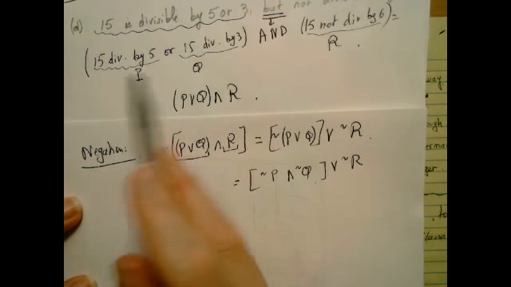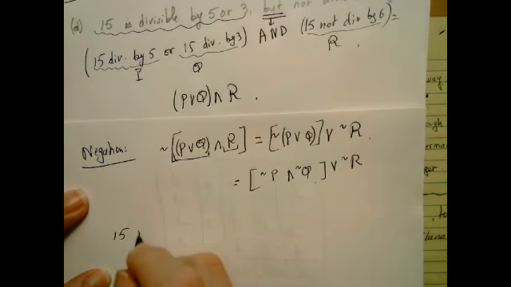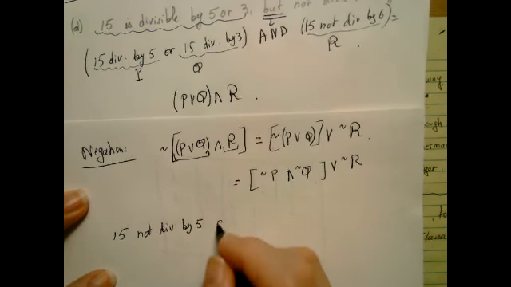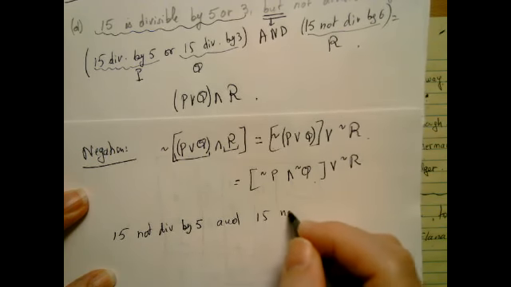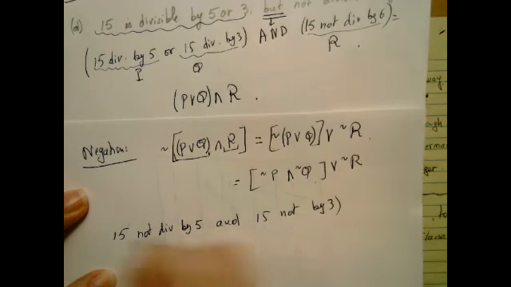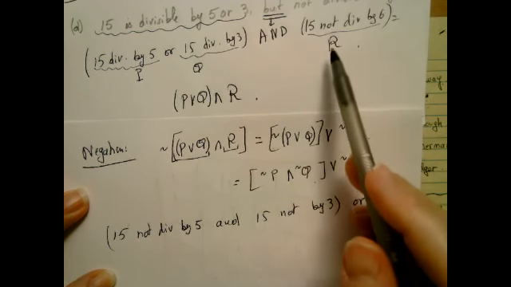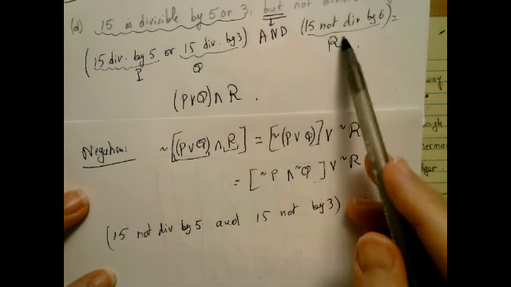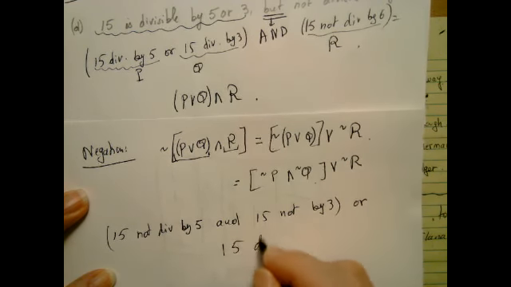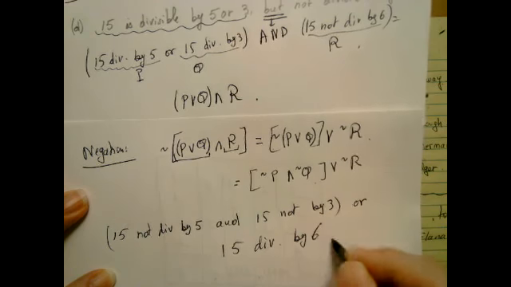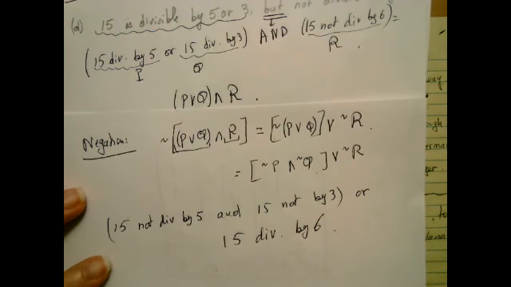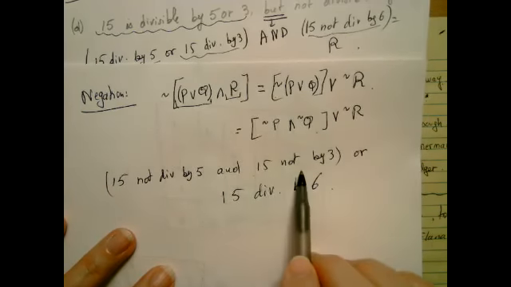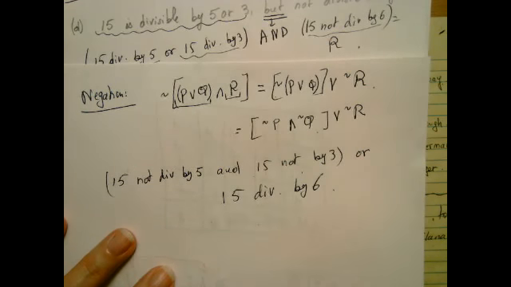It's going to be 15 divisible by 5, it means 15 not divisible by 5 and 15 not divisible by 3, or, here it depends what I put R. If I put R as 15 not divisible by 6, and Peter is right, then non-R means or 15 is divisible by 6. Okay, so it depends what we put the R to be. All right, so the negation is going to be 15 not divisible by 5 and not divisible by 3, or 15 divisible by 6.